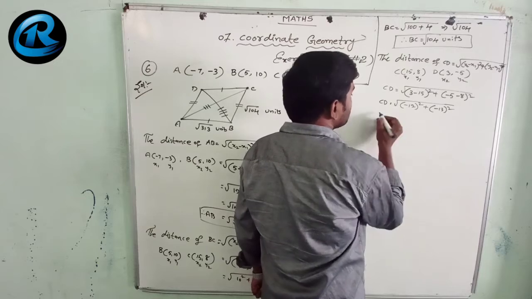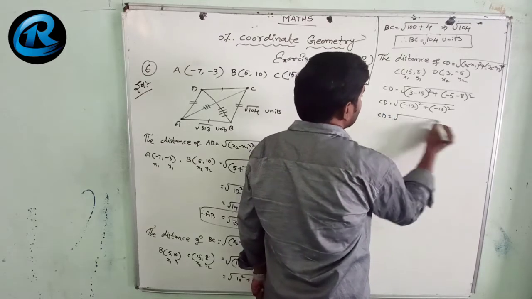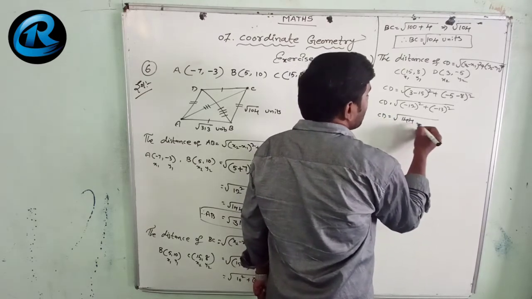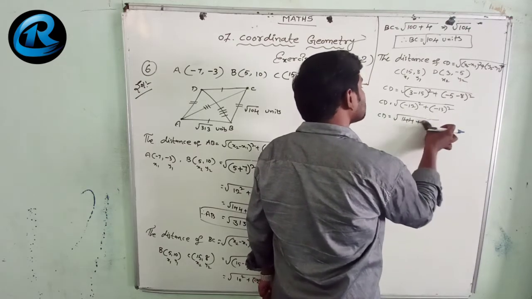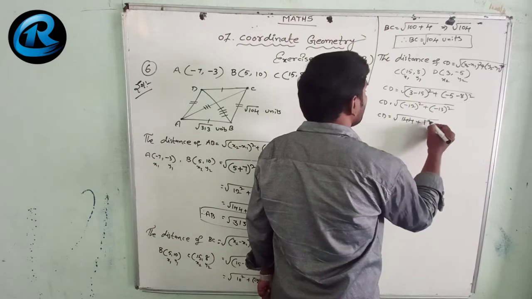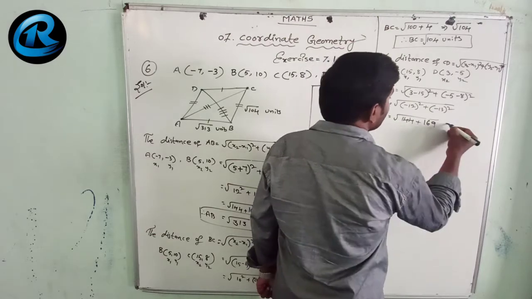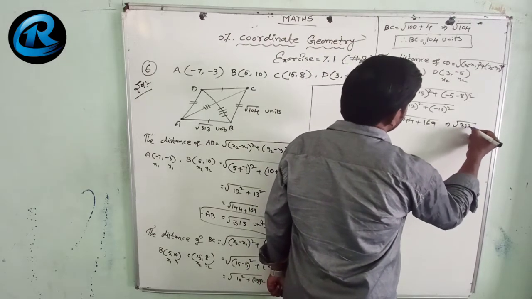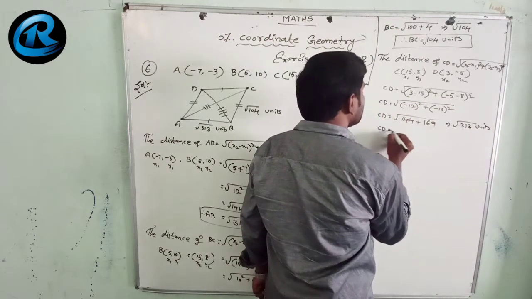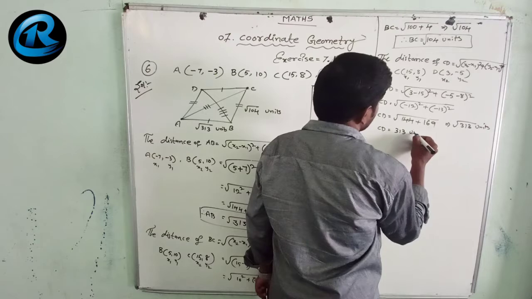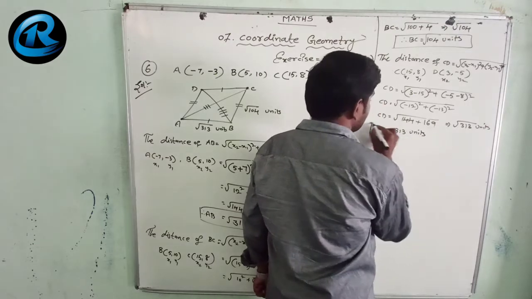As we know, minus 12 whole square or plus 12 whole square will give us 144, and minus 13 whole square gives us 169. When we add these both, we get under root of 313 units. So CD equal to under root of 313 units.